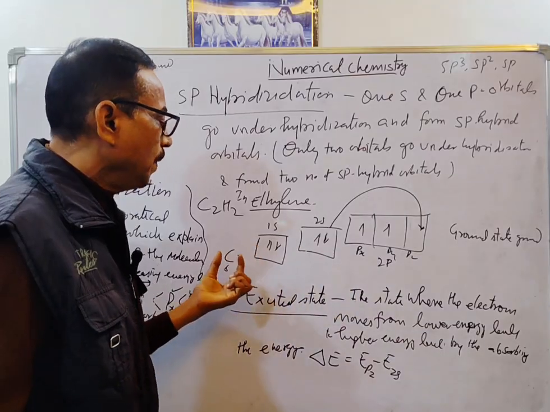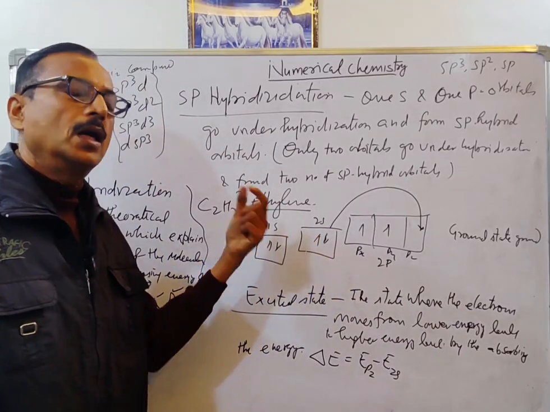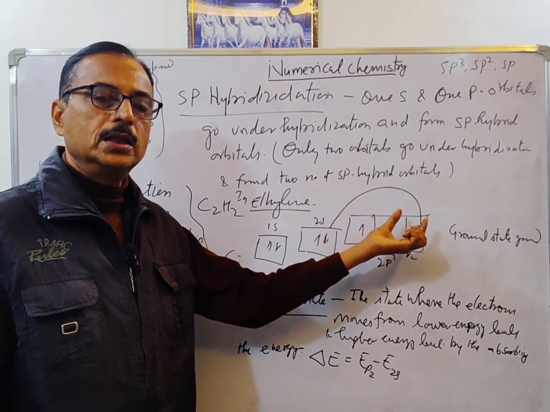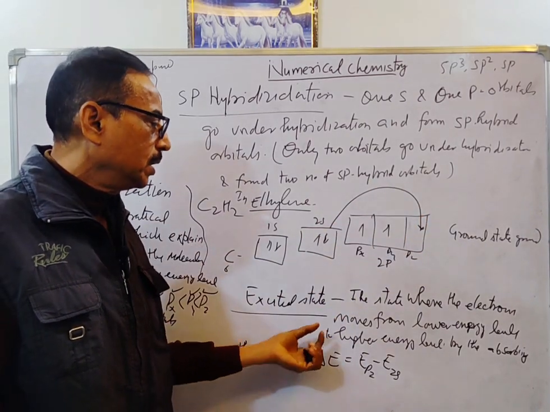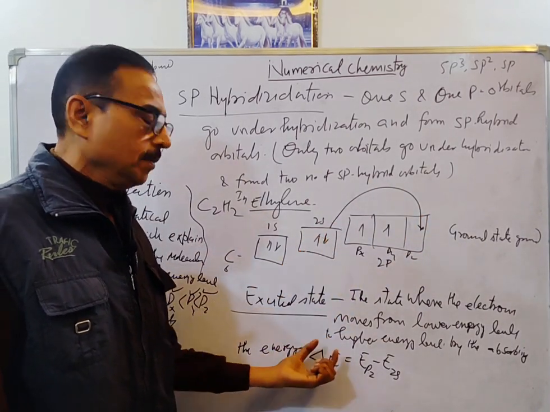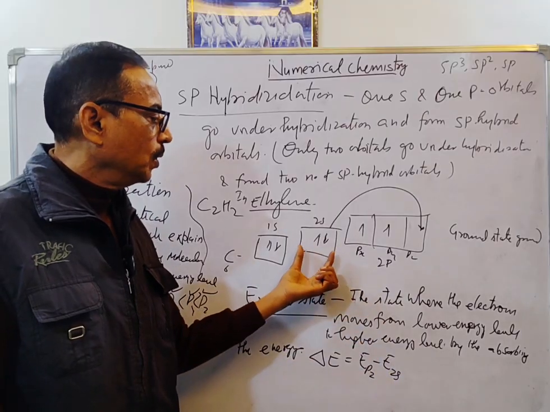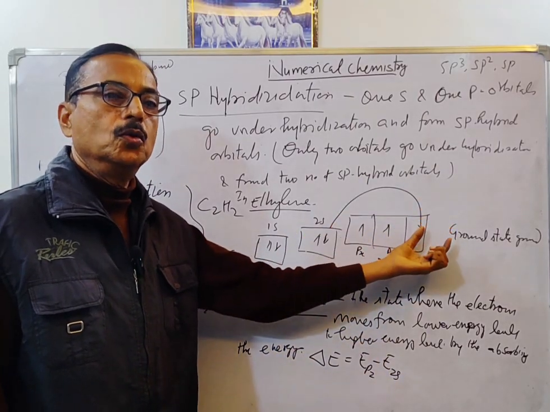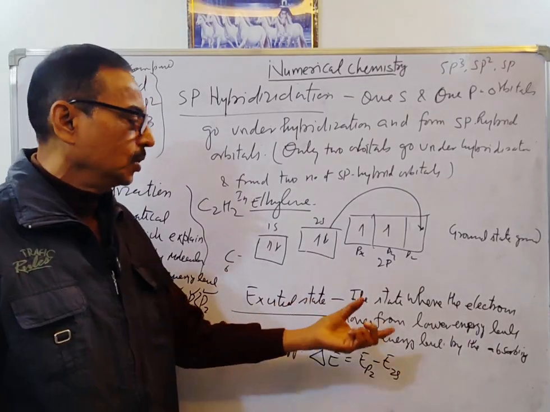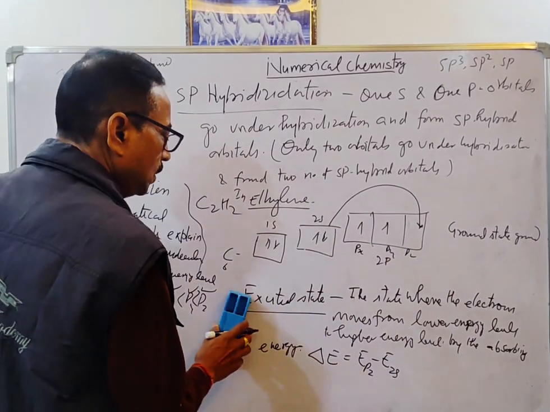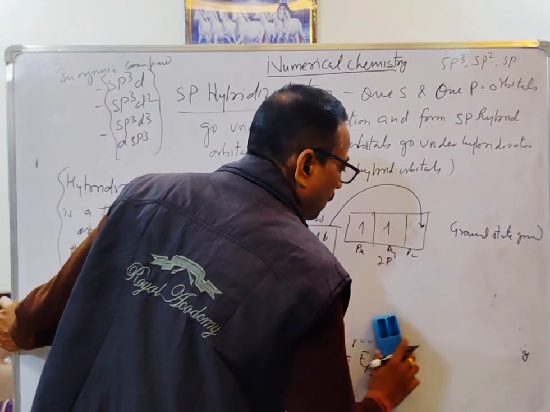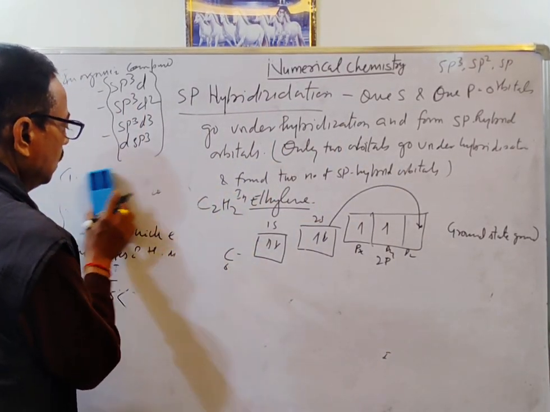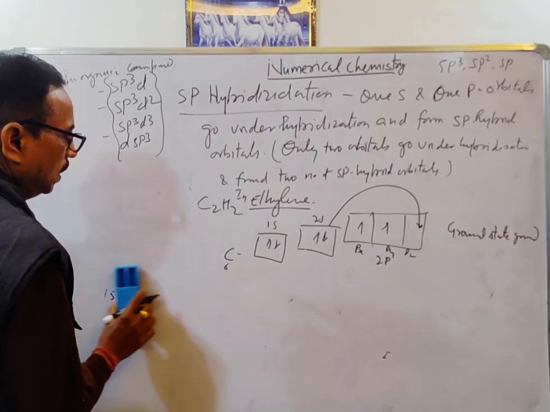So before bond formation, carbon or any atom goes to the excited state, and in the excited state it absorbs energy equal to the difference of energy levels from where the electron is moved to where. So I think you understood the excited state. So before bond formation there is a process of excitation.